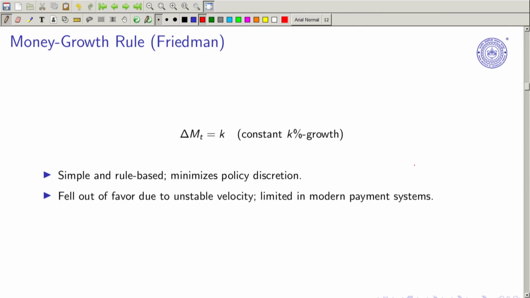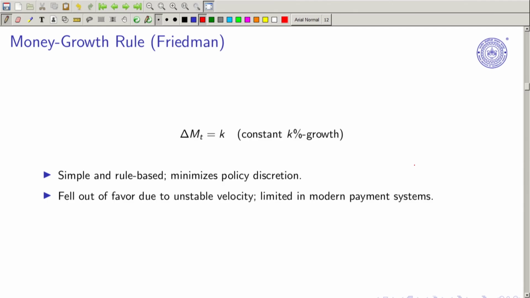So it is simple and rule based, and he also mentioned that there should be a target every year for how much money supply we should inject in the economy. If the money supply injection rate is exceeding the inflation, it means that it is good. If the money supply increase is leading to more inflation, then we'll have to think about cutting down. So this was the idea.